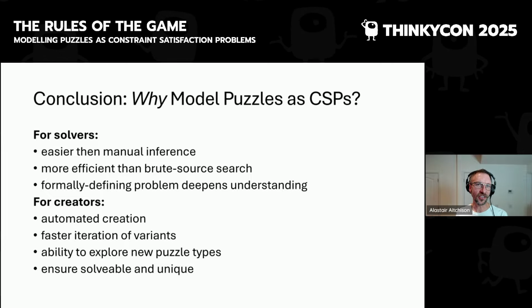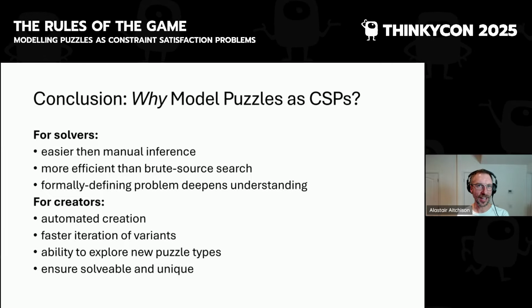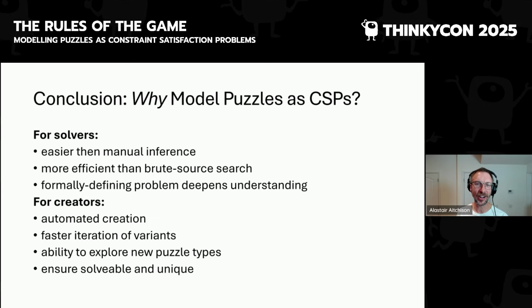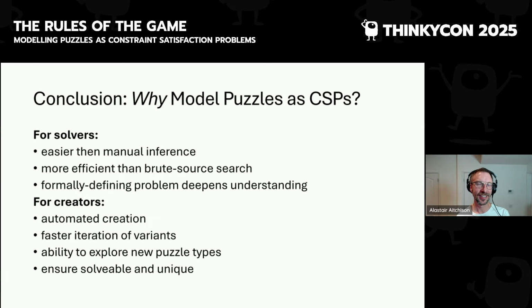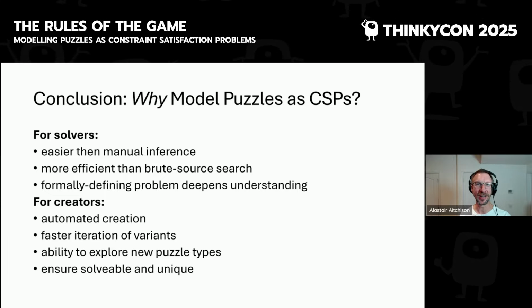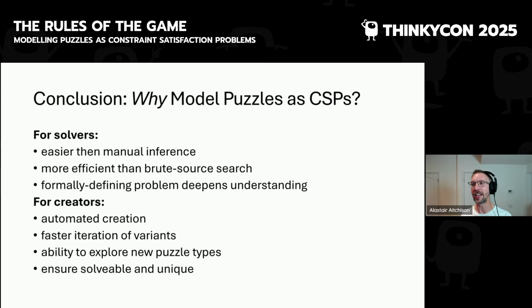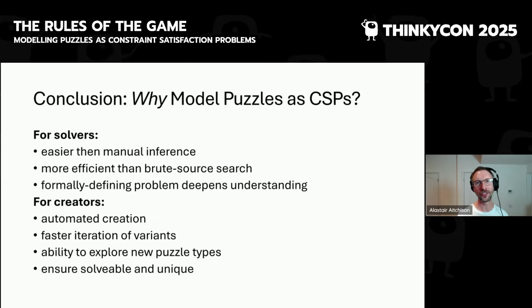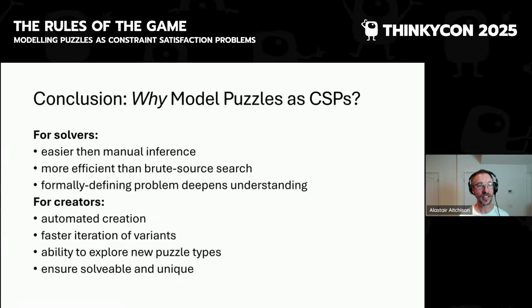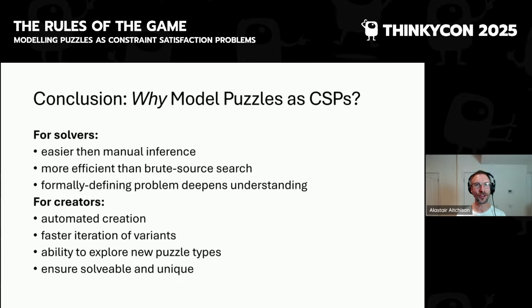The solver doesn't care how tangled the logic is. As long as you can define it, it can handle it. And that's what I think is just really beautiful. For me, it's a really interesting way of exploring the structure of a puzzle in a formal way. And yeah, that's pretty much all I've got to say.